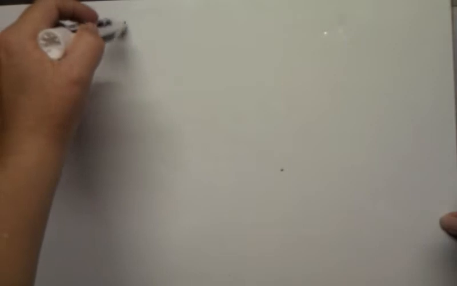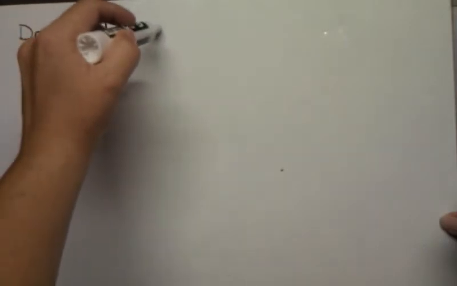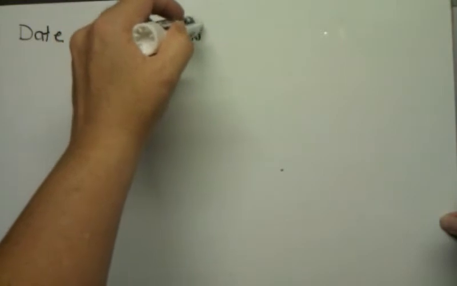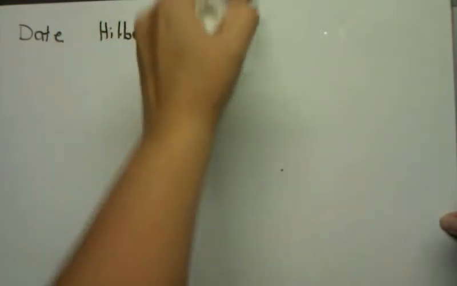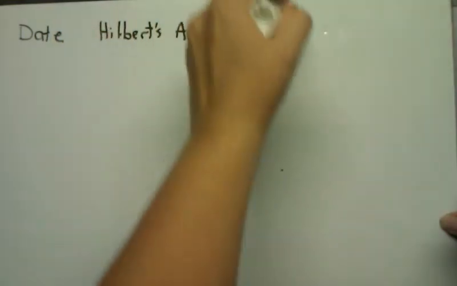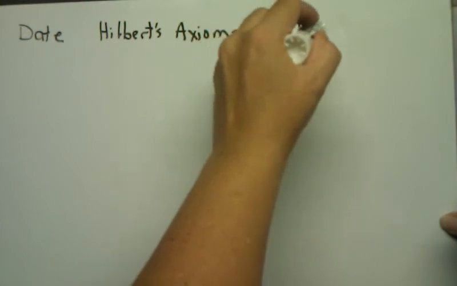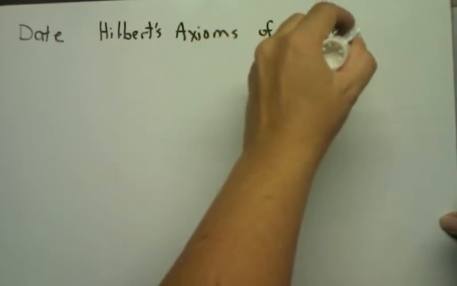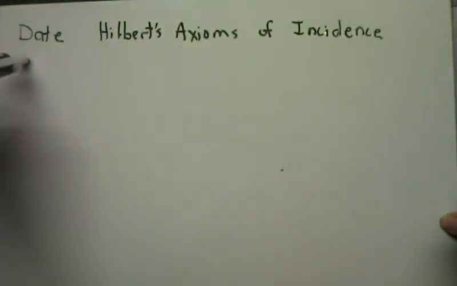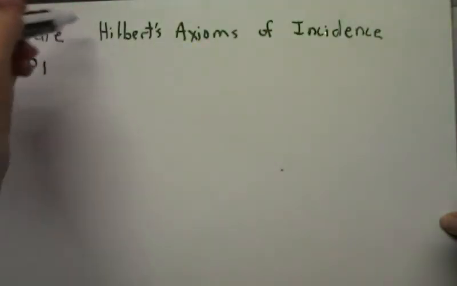We're going to write axioms of incidence. I'm going to put a P for postulate. You're welcome to write it out if you want.